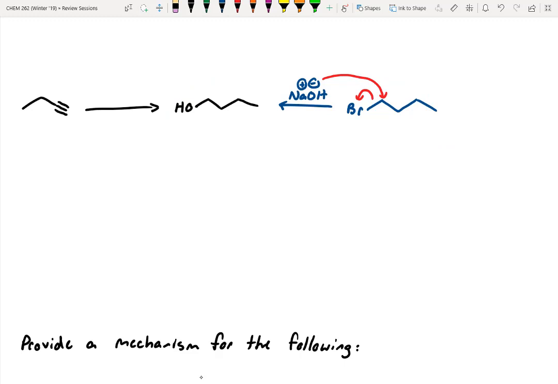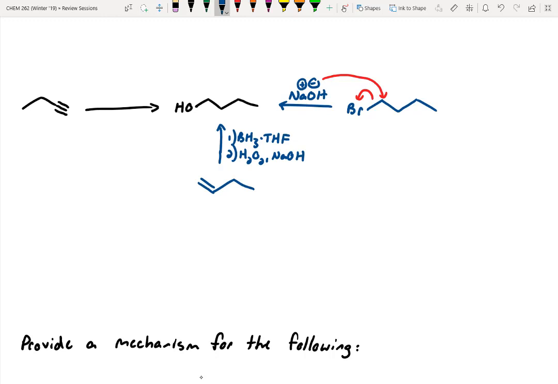The other option to make this alcohol would be to make this from an alkene, like this. And what reagent would we need to get the alcohol off of the less substituted carbon? Hydroboration oxidation. So that would be BH3 THF, followed by hydrogen peroxide and sodium hydroxide.